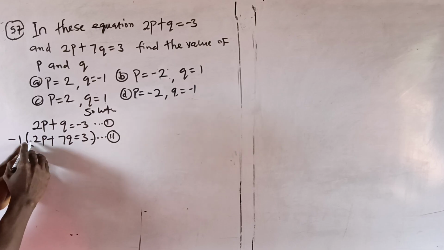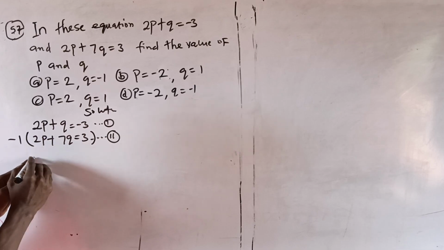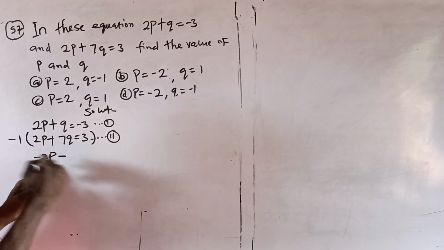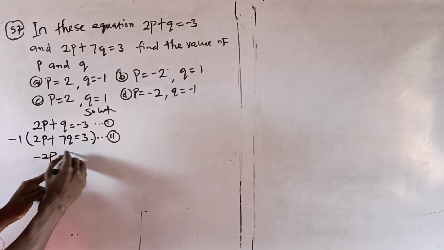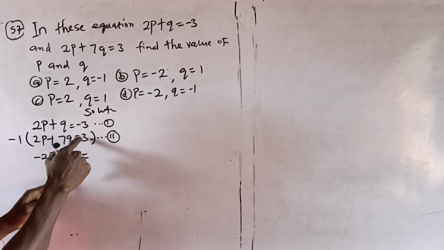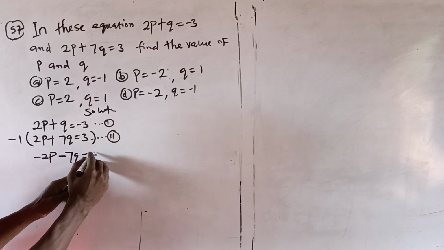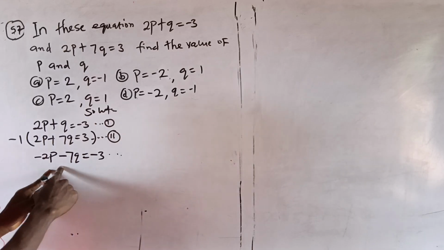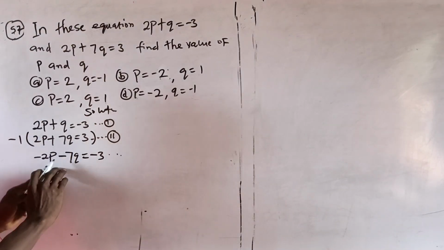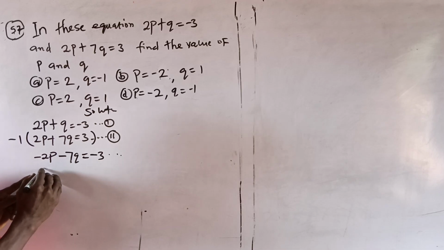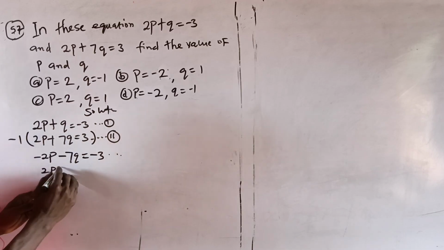Minus 1 times 2p will give us minus 2p. Minus times plus will give us minus. Minus times 7q give us minus 7q, and equals to minus times plus 3 will give us minus 3. This is the equation we just got now. So we can write this one out. We have the first equation so that it will not be confusing.